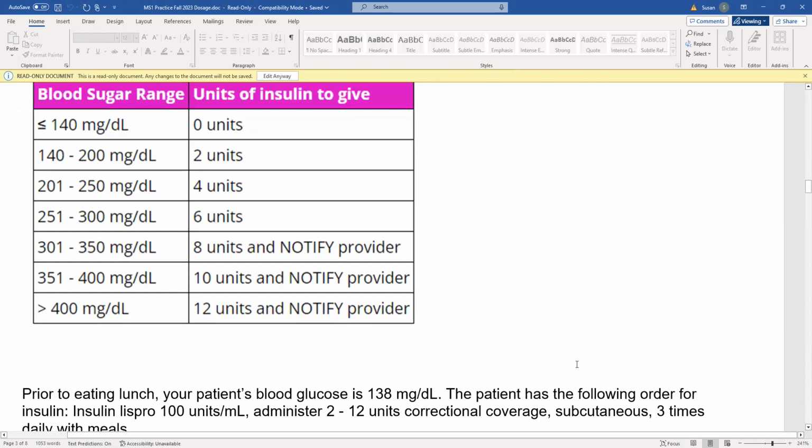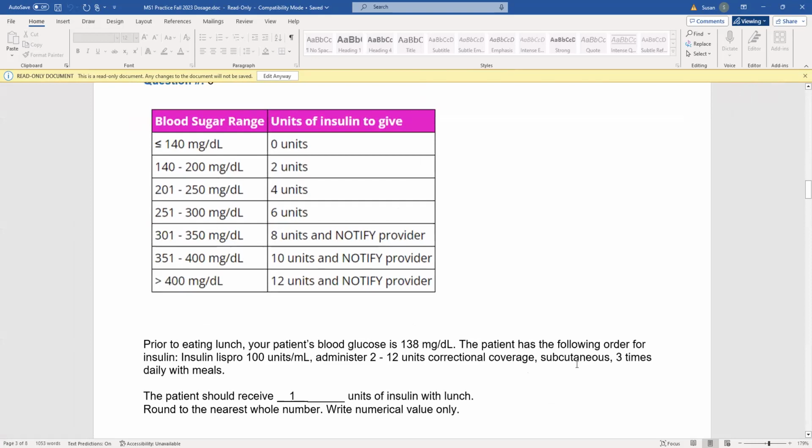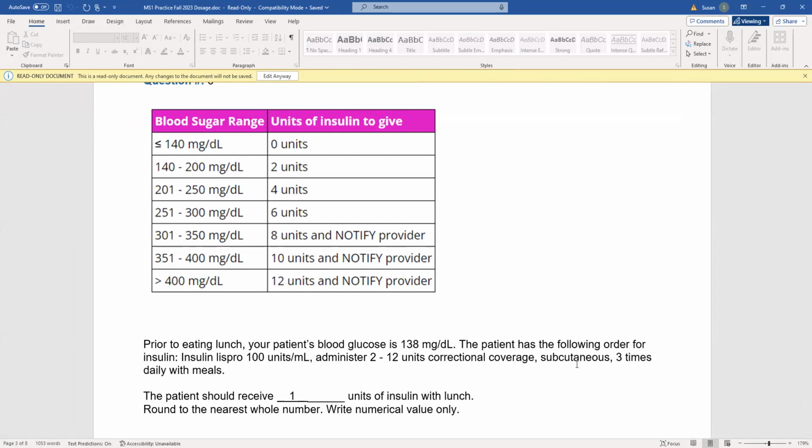Let me just make this a little bit smaller. So here, you just have to read the question and then look at the step. So you give 0, 0 units.